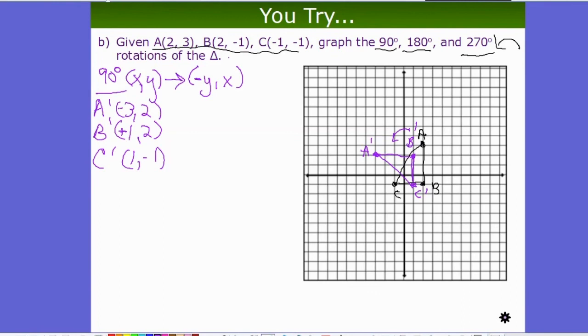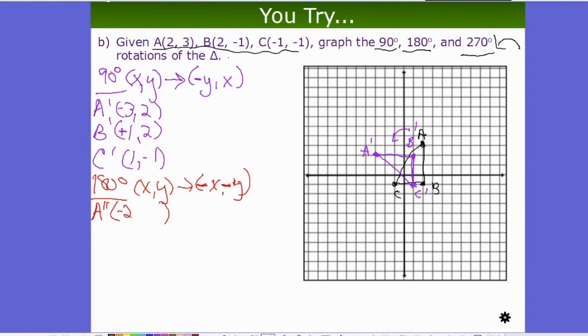So that's 90. Let's do a different color for the 180 degrees. And that mapping is (x, y). Does not change the order, but they both become negative. I can't stress enough how important it is to actually write this down so you're looking at it. And I'm going to call this one a double prime so that we don't confuse it with the other one. So I'm just going to look at (2, 3).